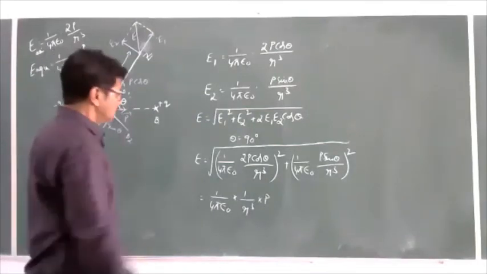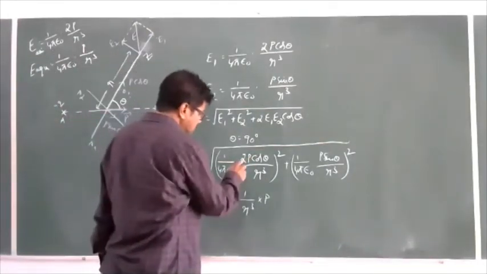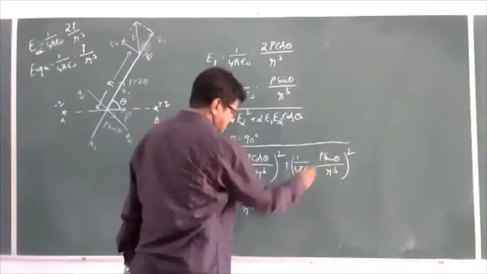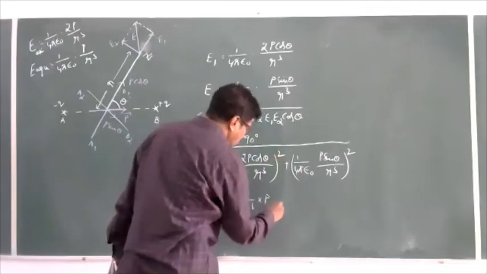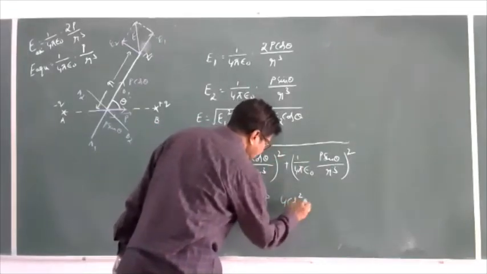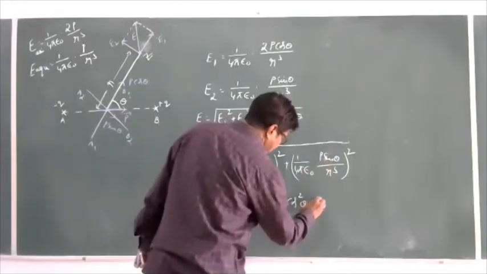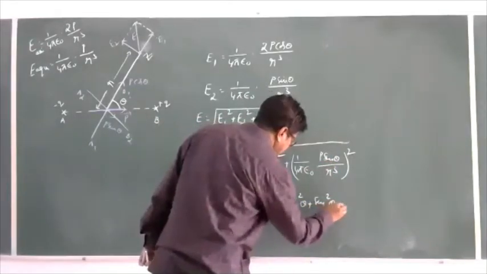Now what remains? (2 cos theta) whole square, that is 4 cos square theta, and sin theta whole square, that is sin square theta, under root.